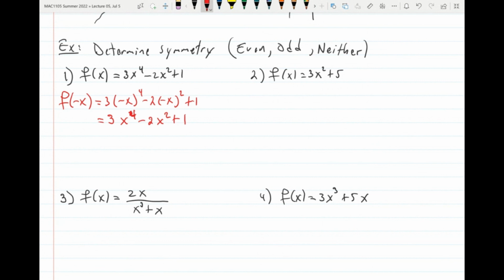The negative really doesn't matter because the even power kills the negative. And notice that this is exactly the same as the original function, right? So this equals f of x. So we obtain that f of negative x equals f of x. So what's the conclusion here? Can we deduce something? So f is even.